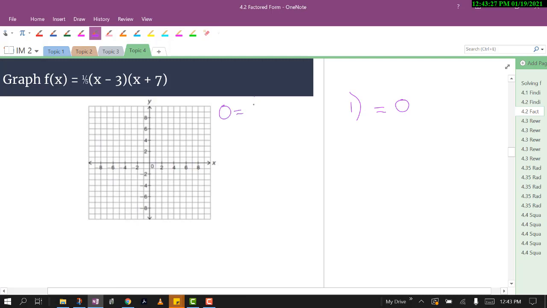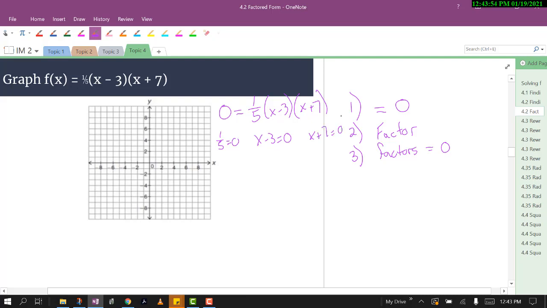So 0 equals 1/5 times x minus 3 times x plus 7. Next, we would factor. It's already done. Kind of cool. Then we set the factors equal to 0. So 1/5 equals 0, x minus 3 equals 0, and x plus 7 equals 0.